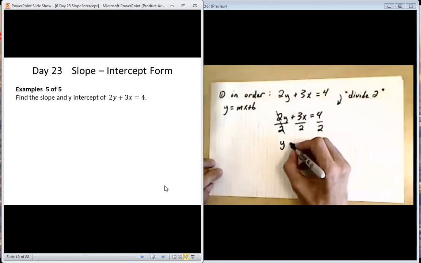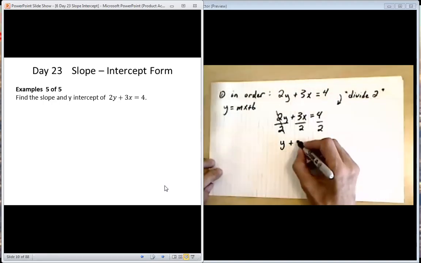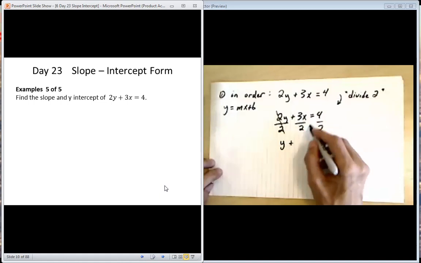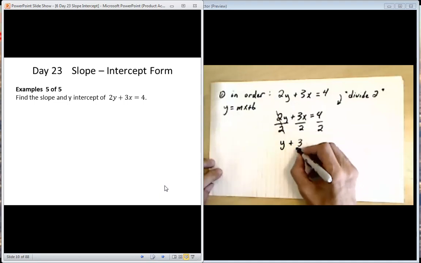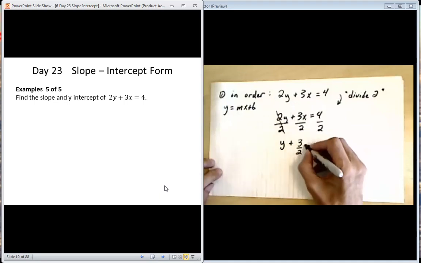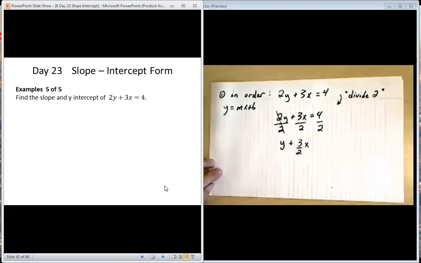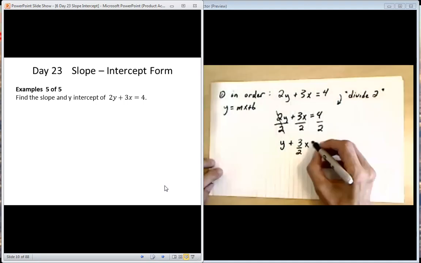3/2 plus. There's a few different ways of writing this. 3/2 times x, or 3x over 2. I'll write it like this, 3/2 times x, and 2.